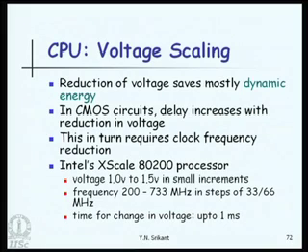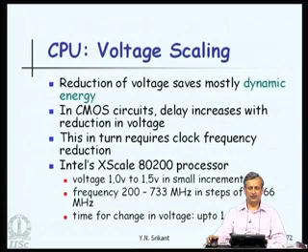What is CPU voltage scaling? We basically reduce the voltage of the CPU, and this saves mostly dynamic energy of the CPU. It cannot change the static energy consumption of the CPU. In CMOS circuits, the delay inside the CPU will increase with the reduction in voltage.